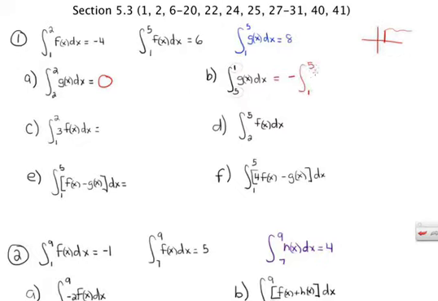So we can switch it to 1 to 5 of g(x). So basically, this question and this question are asking the same thing. So now looking at from 1 to 5 of g(x), that's 8. And so negative 8 would be our answer.